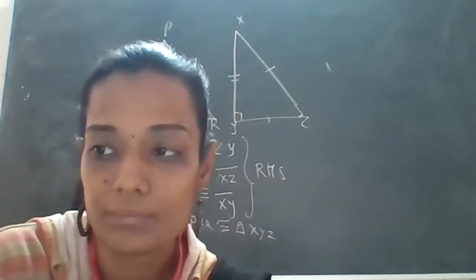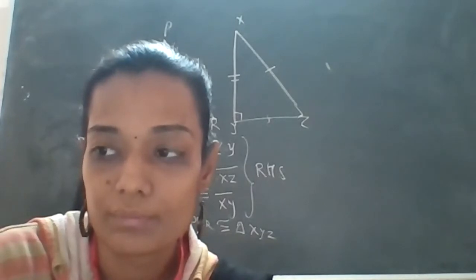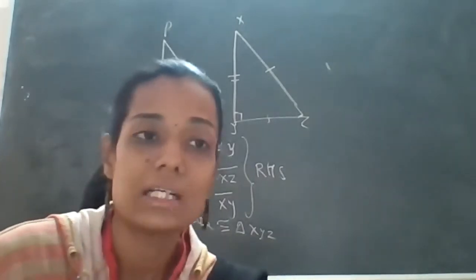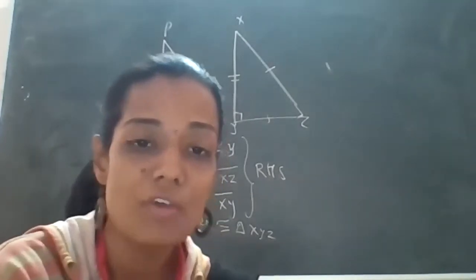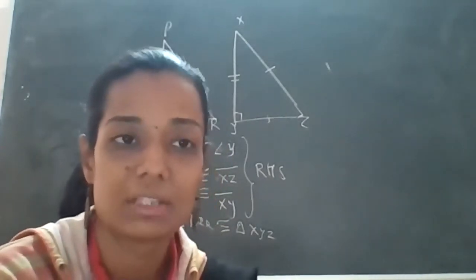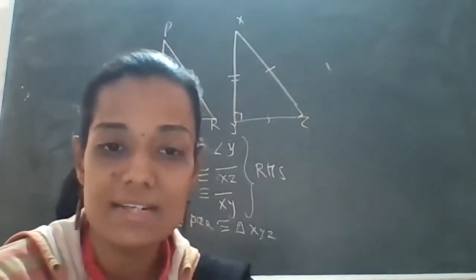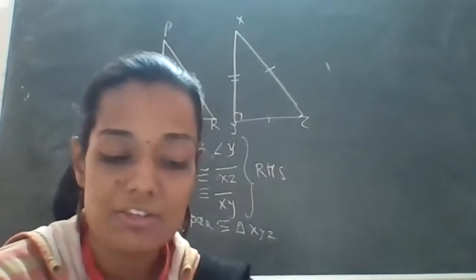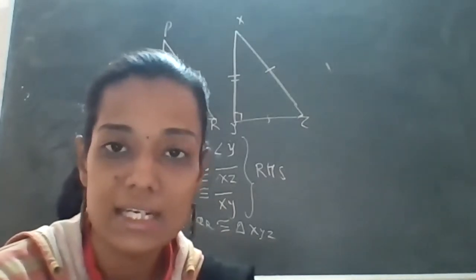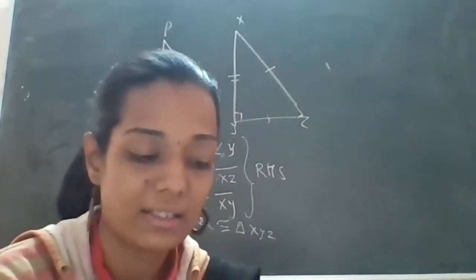Isosceles, right angle, scalene. Right angle will not come. That depends upon the angle. So on the basis of sides, equilateral will come. So on the basis of sides, triangle is classified into three types: first, isosceles, scalene, and equilateral triangle.